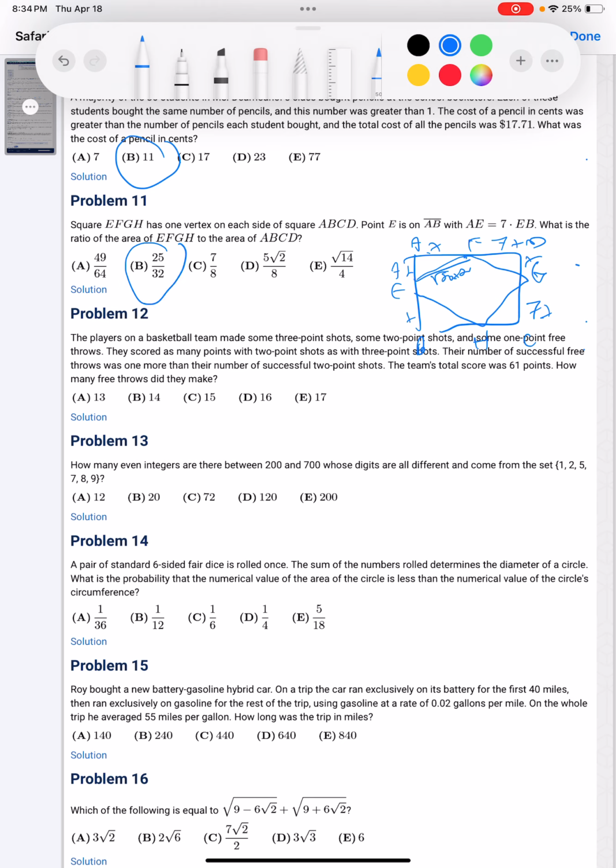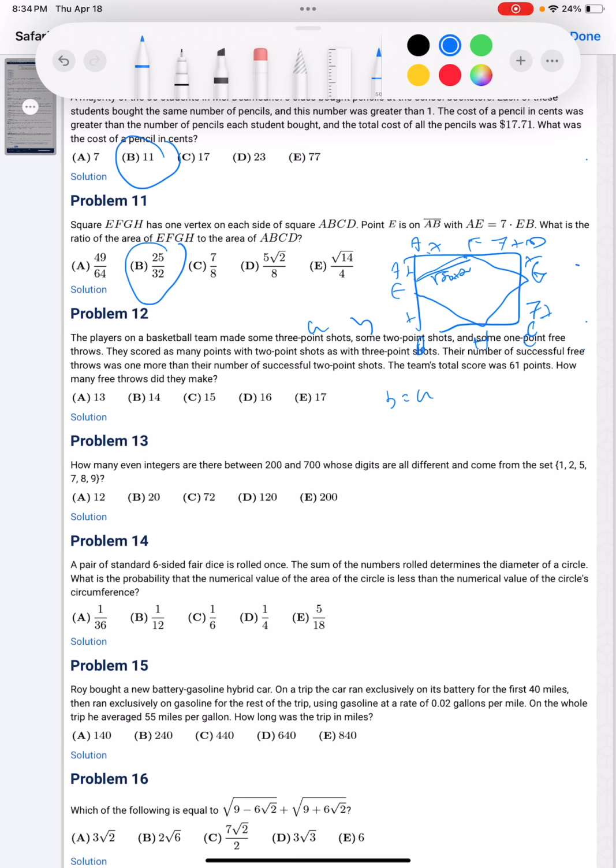Okay, so we have the next question. The players on a basketball team made some 2 point, some 3 point, and some 1 point free throws. They scored as many points with 2 point shots as with 3 point shots. So we could say A, B, C. Basically B equals A. The number of successful free throws was one more than the number of successful 2 point shots.